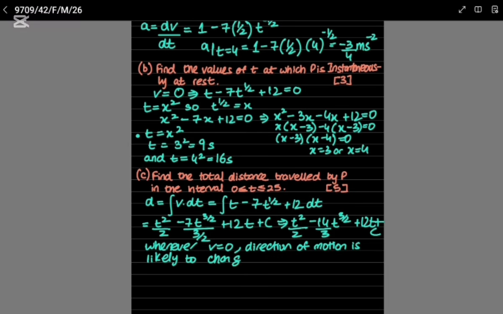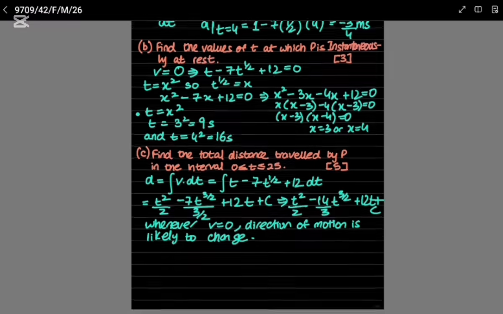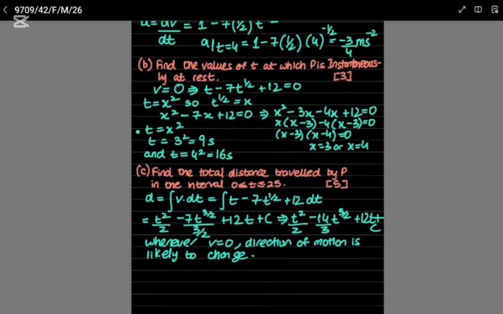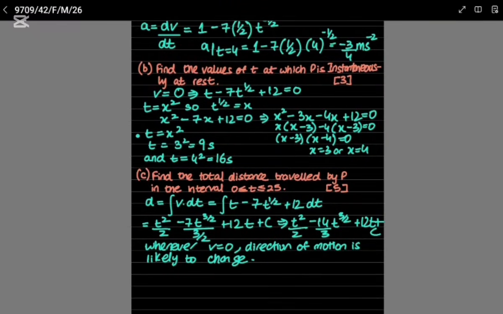And they also said instantaneously, so most likely it's going to change. Now, so what I mean is distance is, we found that, t squared over 2 minus 14 over 3 t to the power of 3 over 2 plus 12t. So that's why I said you don't need constant of integration when there are limits.